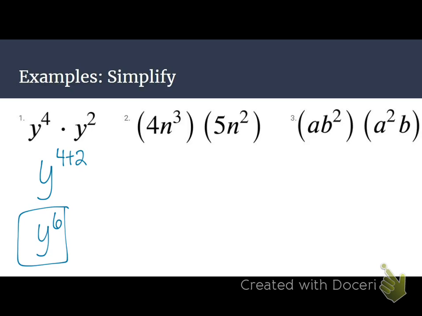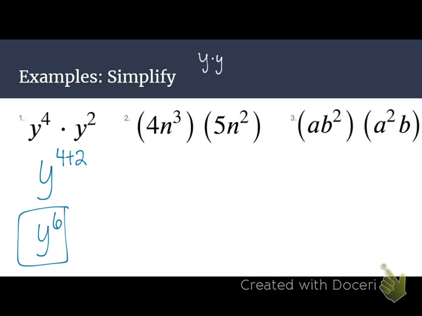Now, I will not always require you to show me this middle step here. You need to learn what this rule is and be able to just do that mentally. But that's how we're coming up with the 6. We're adding those exponents. Now, if you need proof about why it works that way, y to the 4th means I have how many y's multiplied together? 4 of them.